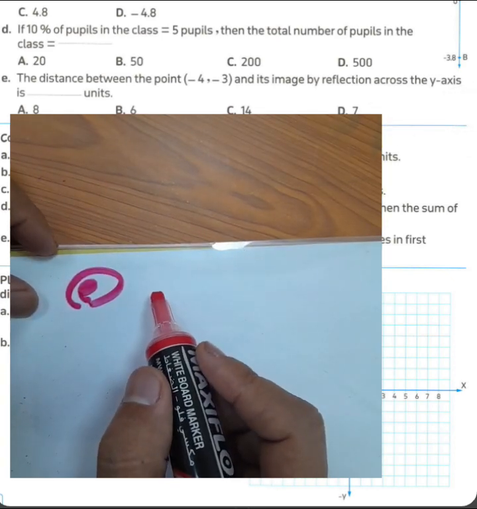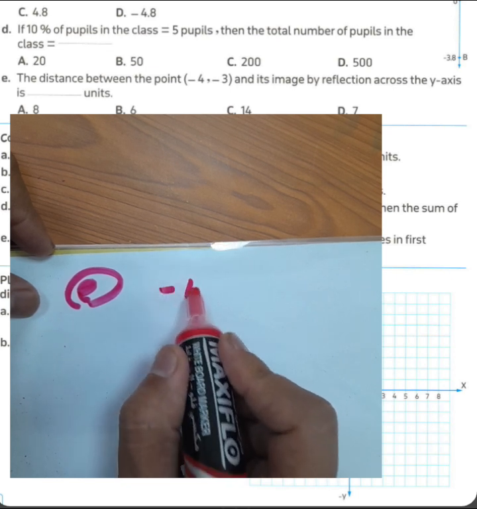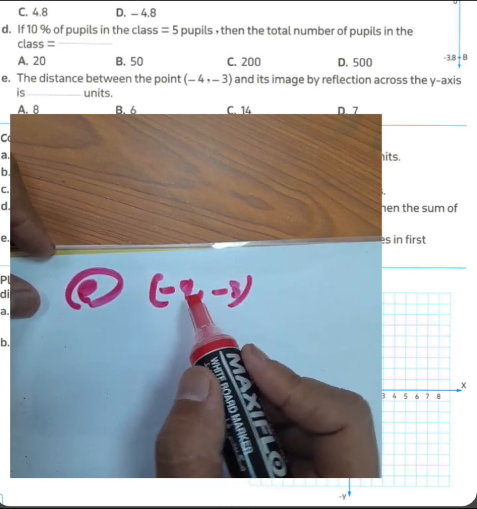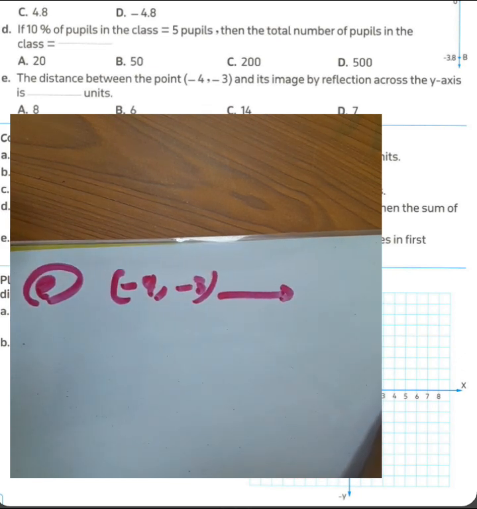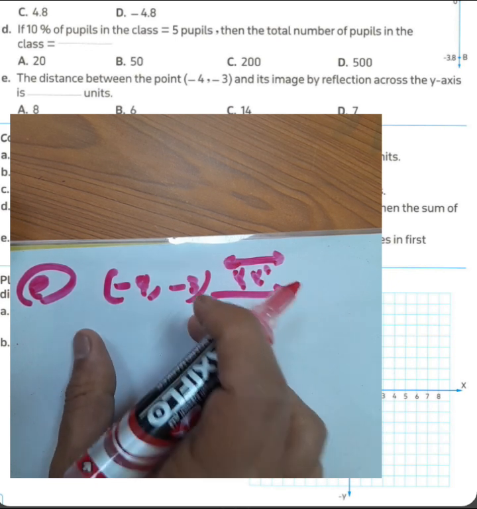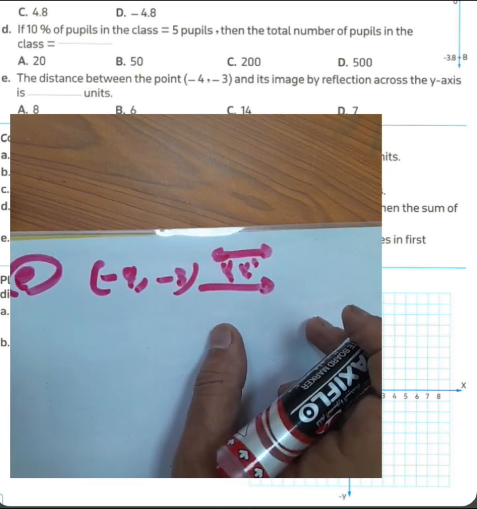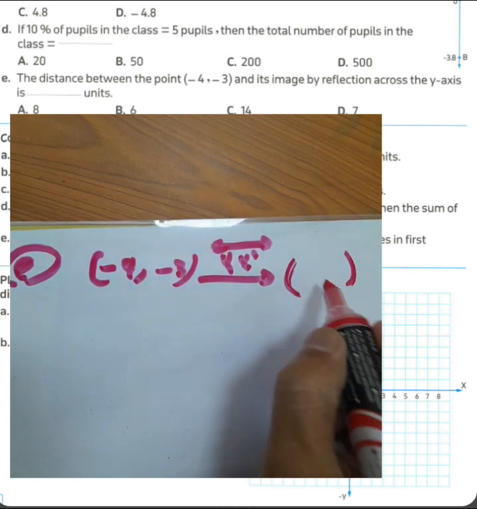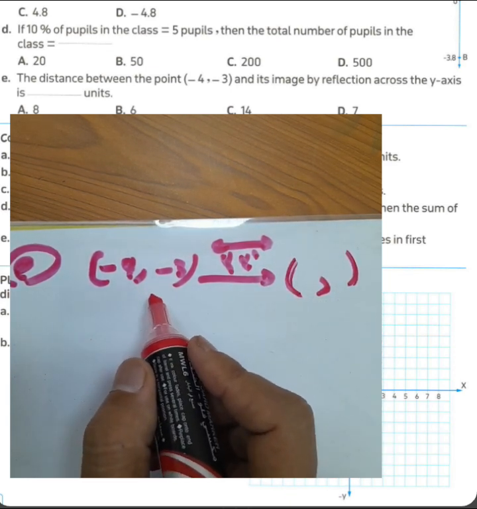The distance between the point -4, -3 and its image by reflection across the y-axis. We want to find the distance between this point and its image by reflection across the y-axis. First, we can find the image of this point by reflection about the y-axis.